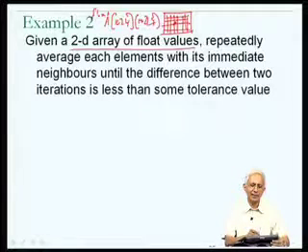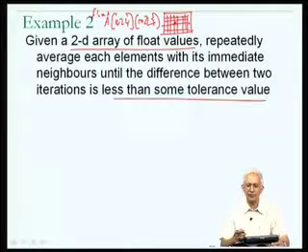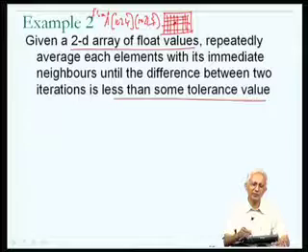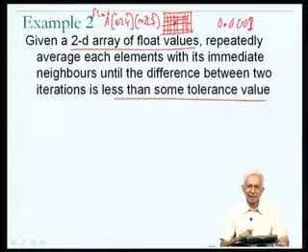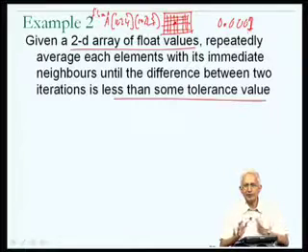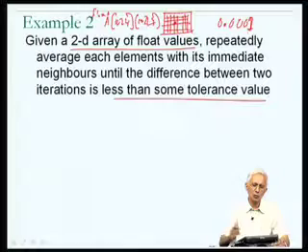And we'll quantify that by saying that the total difference, the sum of the differences between the two iterations, is less than some predefined tolerance value. What I mean by tolerance value is some predefined value. Maybe I'll set the tolerance value to 0.0001. So that is a constant. So this is a procedure which is going to happen repeatedly until the values have been averaged in such a way that they do not differ from one iteration to the next, or differ by a negligibly small value.